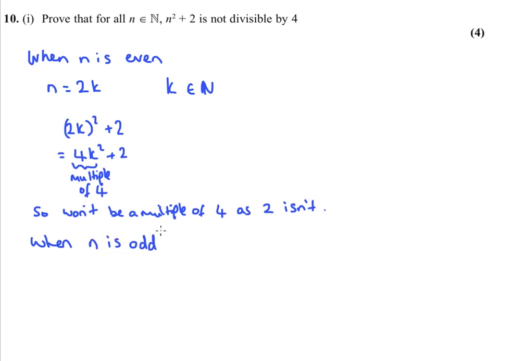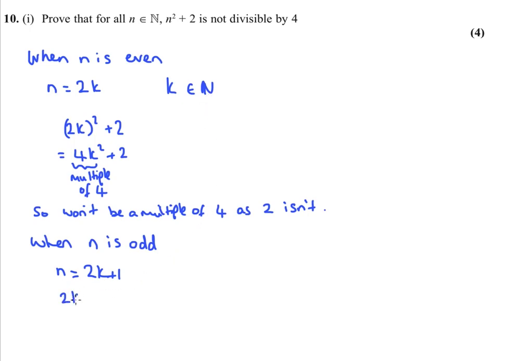Remember, if you're thinking about 0, 0 counts as an even number. 2 lots of nothing is nothing, so that's accounted for in here. So when n is odd, we've got that n can be written as 2k plus 1, again where k is any natural number.